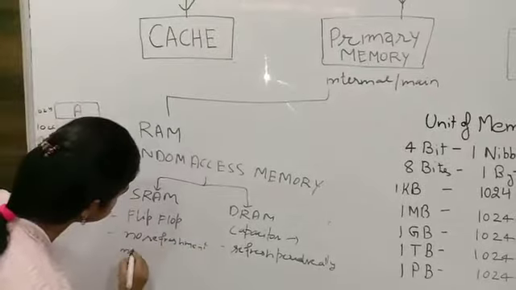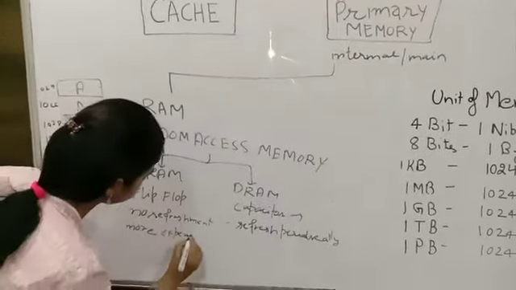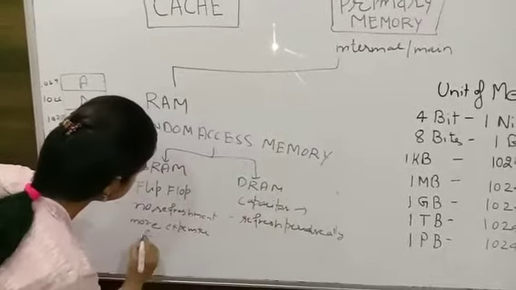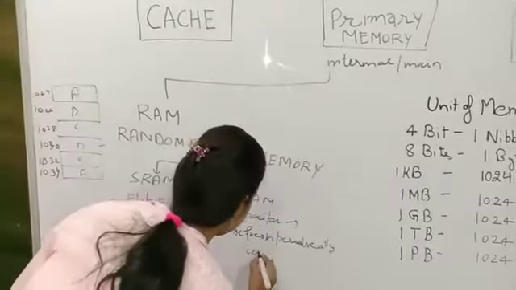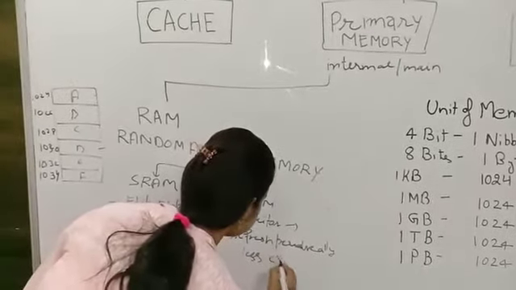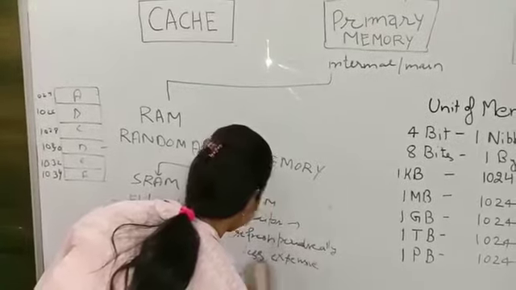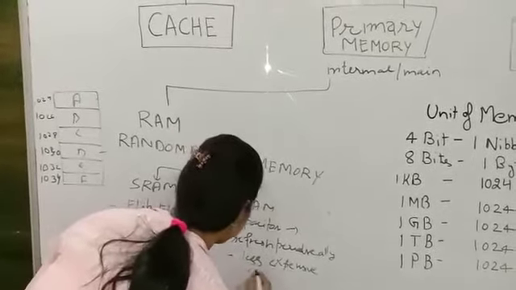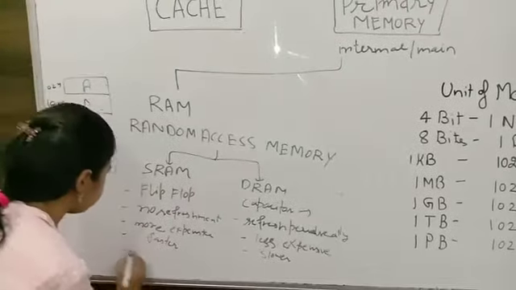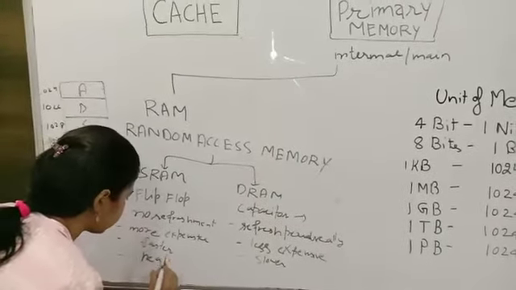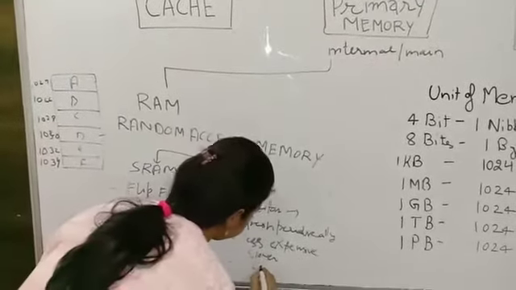SRAM is more expensive as compared to DRAM. It is faster. DRAM is less expensive. It is slower than SRAM. SRAM generates more heat, DRAM generates less heat.